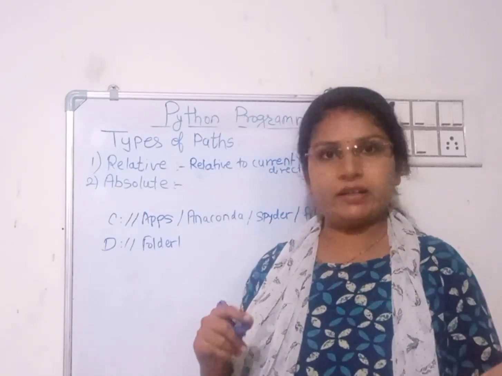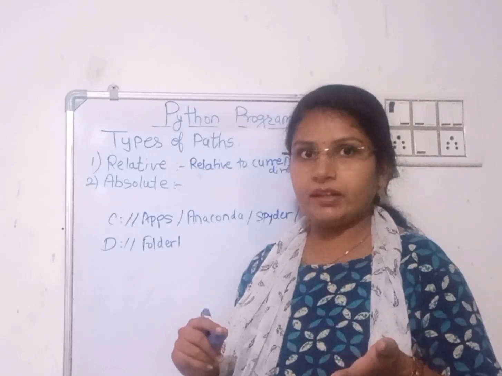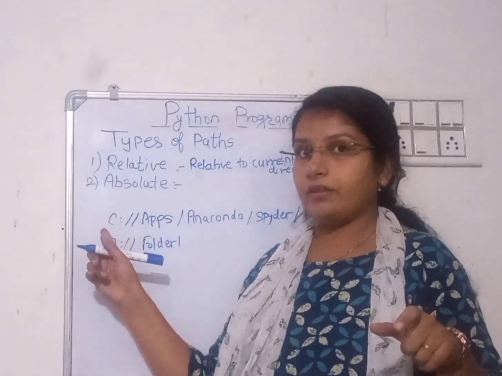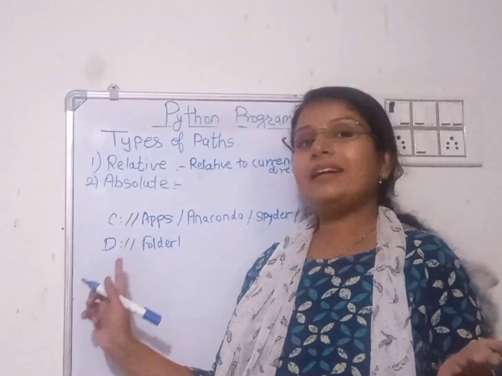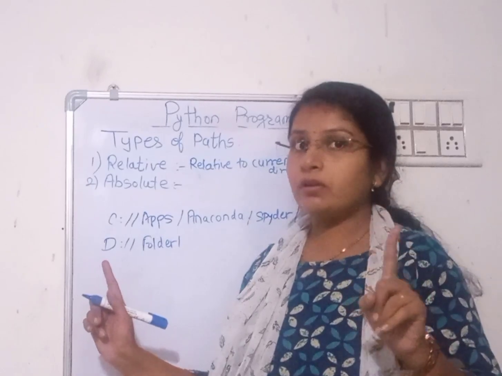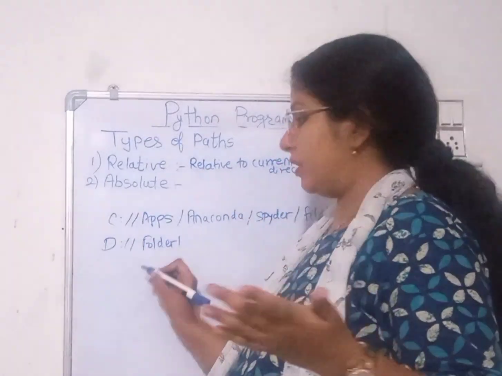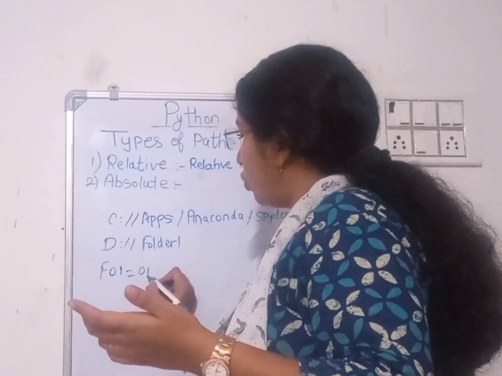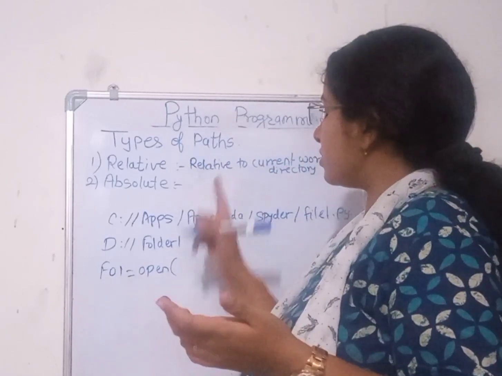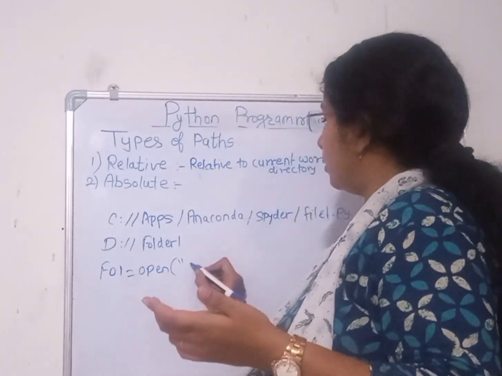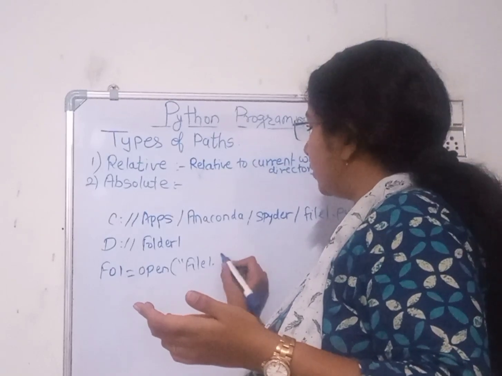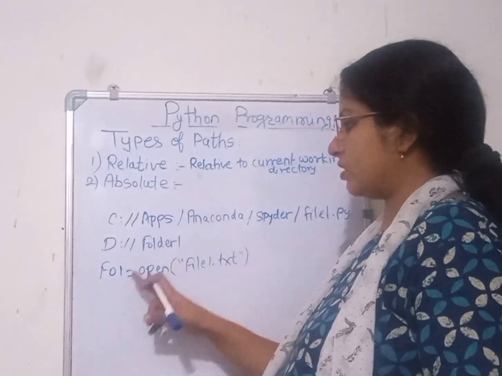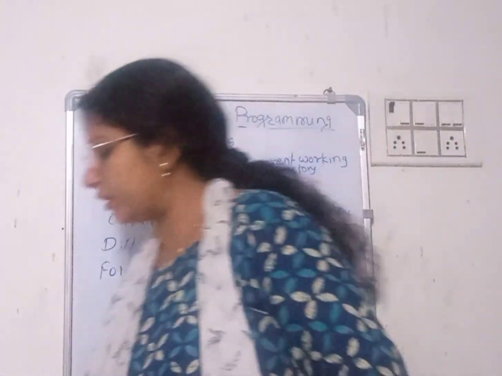Suppose you are opening a file in a Python file handling program and you know that the file exists, but not in the C drive where your Python files are stored, rather in the D drive. So you must give the complete path, means file object 1 is equal to open. In the first case you are just giving file1.txt only, because you are working in the current working directory.